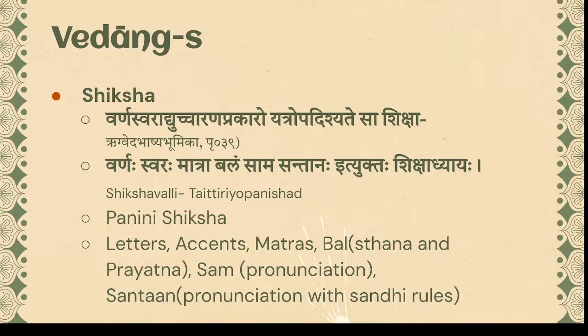Svara is the accent. There are three svaras: Udātta, Anudātta and Svarita. There is Mātrā: Hrasva, Dīrgha and Pluta. Bala here means the place of pronunciation, Uccāraṇa Sthāna, and the Prayatna. As you all know, the Prayatna is also of two types, Bāhya Prayatna and Abhyantara Prayatna. These topics we will discuss in detail later.